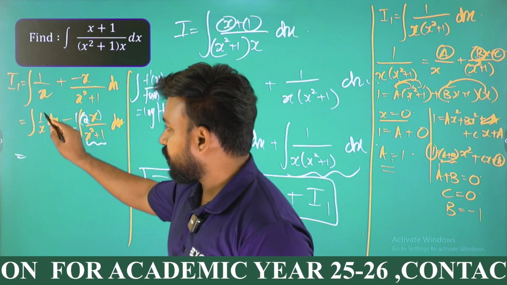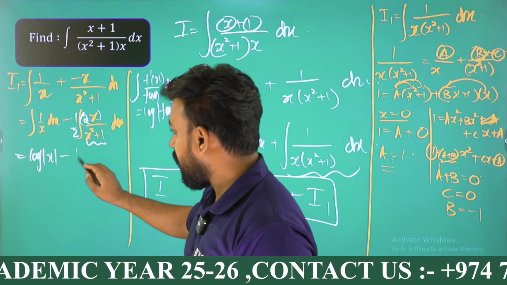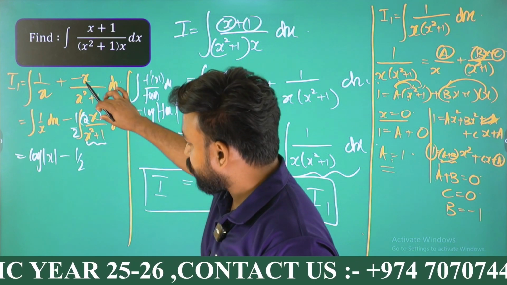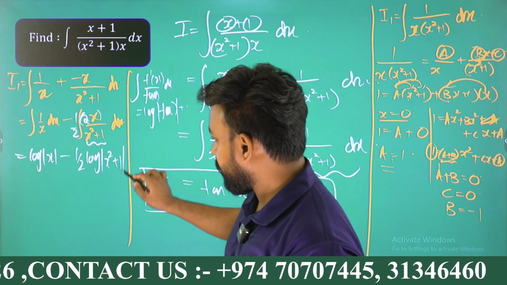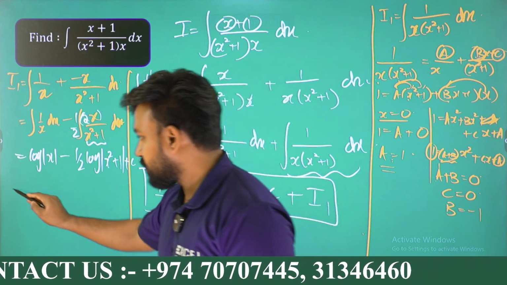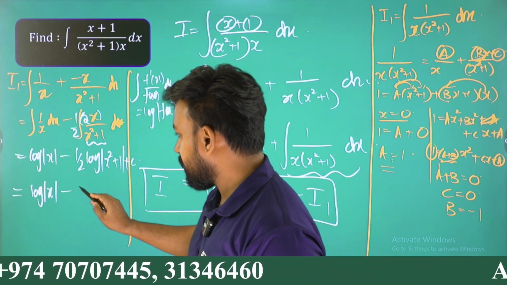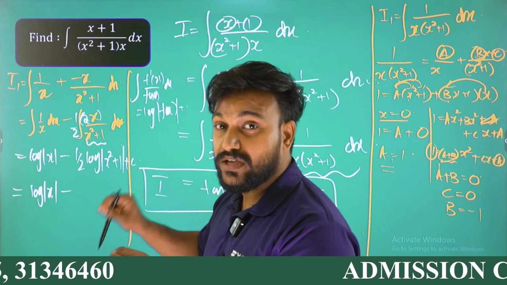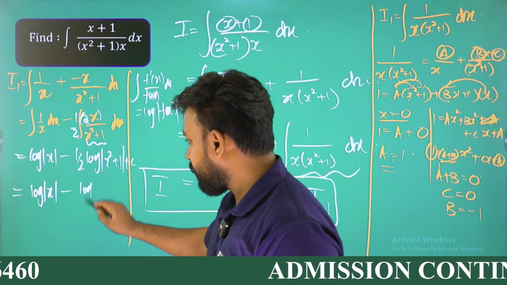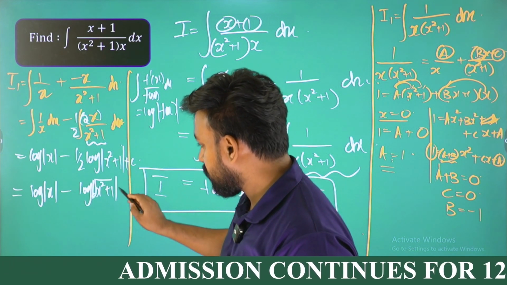So then the integral of 1 by x is what? Log mod x, minus half integral of f dash of x by f of x, which is log mod f of x plus c. And finally, log mod x minus this 1 by 2 goes to the numerator, like n log x is equal to log x raised to n. So you will get log of x square plus 1 raised to 1 by 2, I can write it as root, plus c.